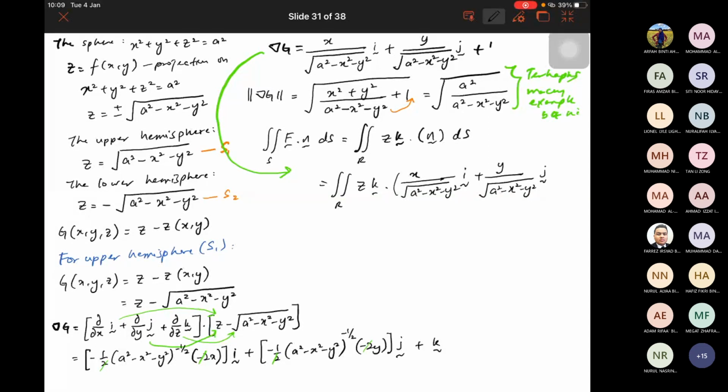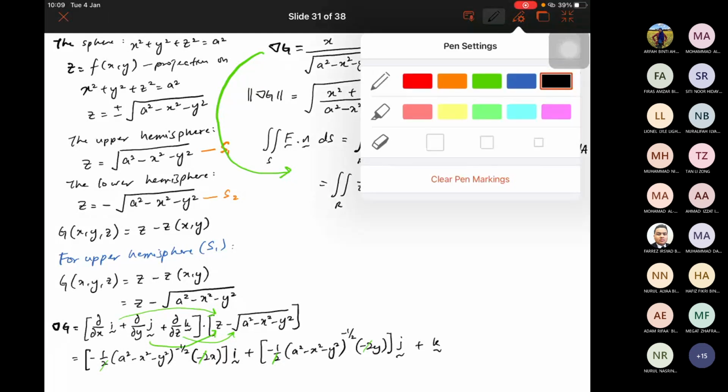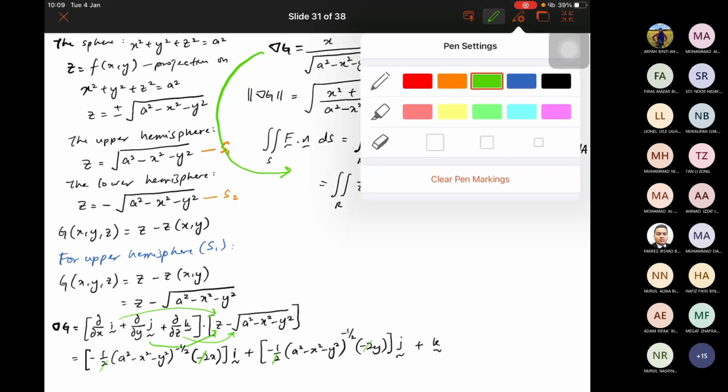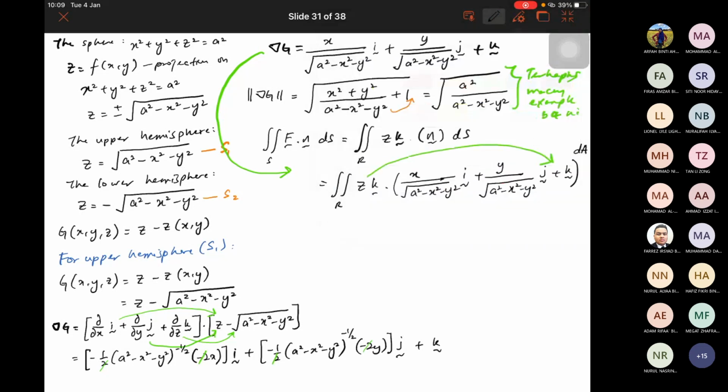Then multiply. We only multiply the k component, because i times k becomes zero and j times k becomes zero. So it will be the integration over the bounded region R of z dA.